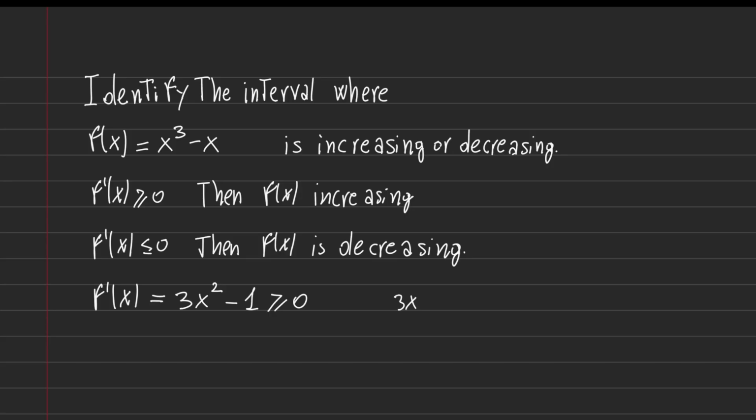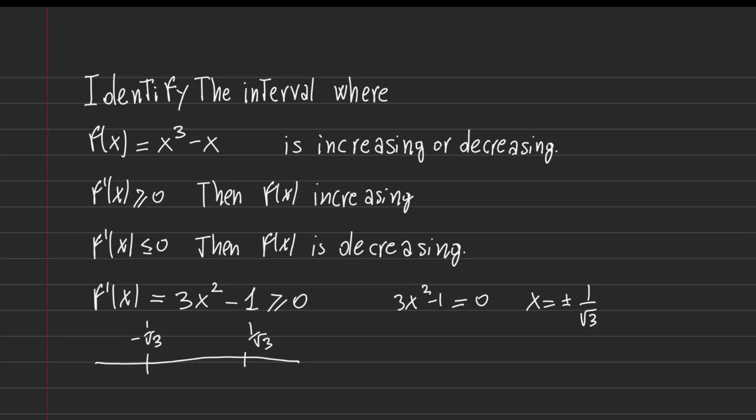So 3x squared minus 1 equal to 0, which means that x is equal to plus or minus 1 over square root of 3. Now we put our two values, minus 1 over square root of 3 here, and 1 over square root of 3 here. And now we want to identify the sign of this function.